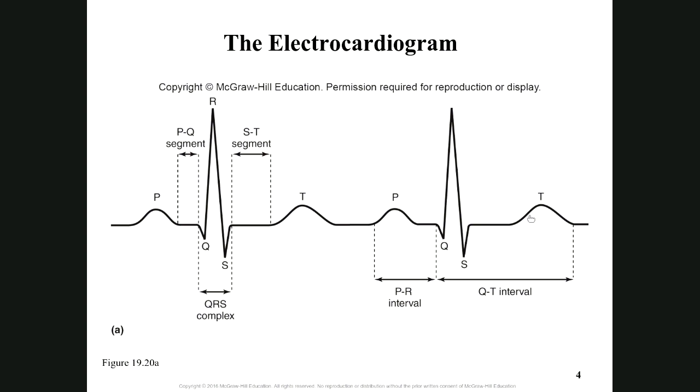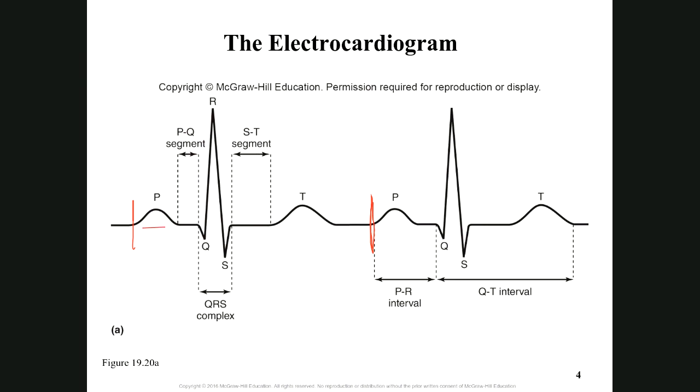First, I want to show you one heartbeat here. As you can find in this picture, each heartbeat starts from the start of one P to the start of the next P. So between these two red lines is one cardiac cycle or one heartbeat. In each heartbeat, you can see first the atrial depolarization as the P wave.